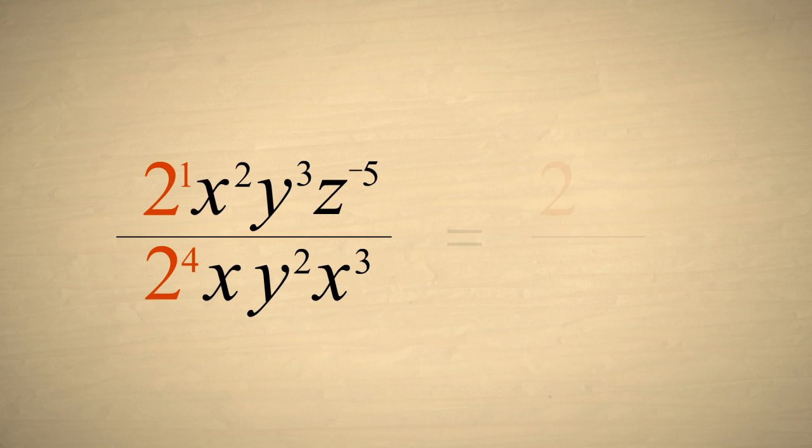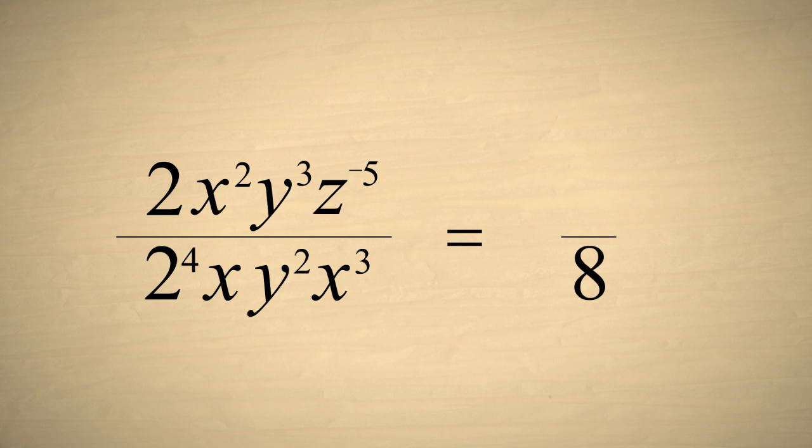Then, subtracting the exponent of the denominator term from the exponent of the numerator term, we get 2 to the negative 3rd power in the numerator. Since this term has a negative exponent, we move the term to the denominator and switch the sign of the exponent to positive. Since 2 cubed is equal to 8, we will write it as 8.